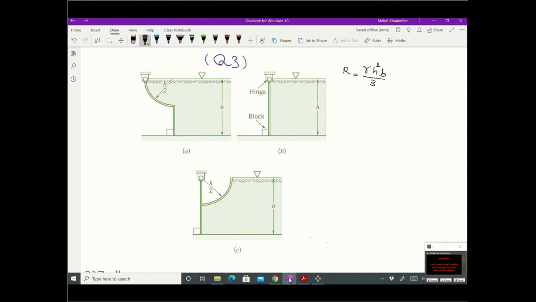Okay, so this is correct. Here, what is the position? You can calculate it from the bottom.